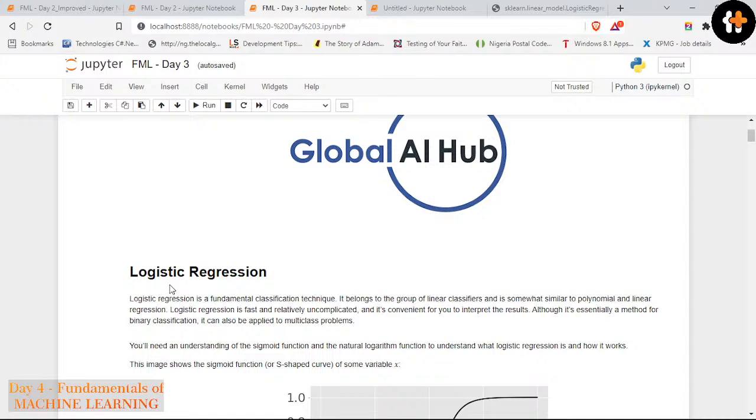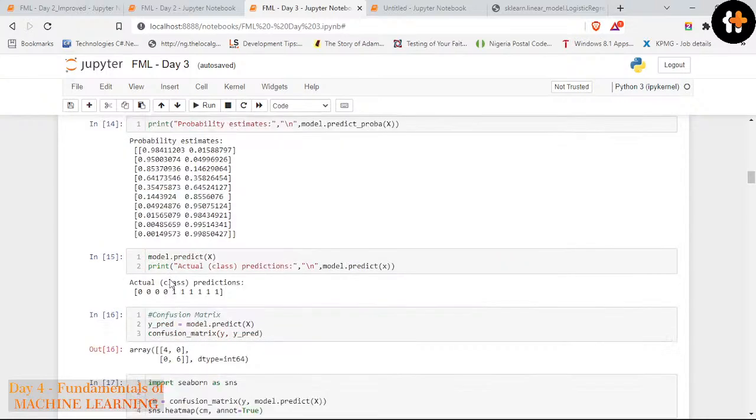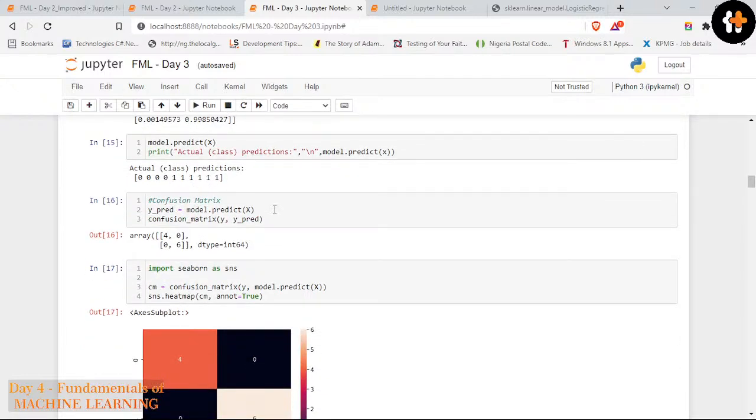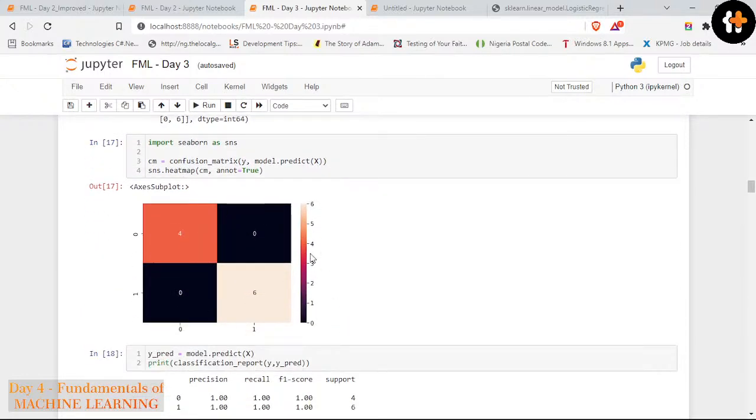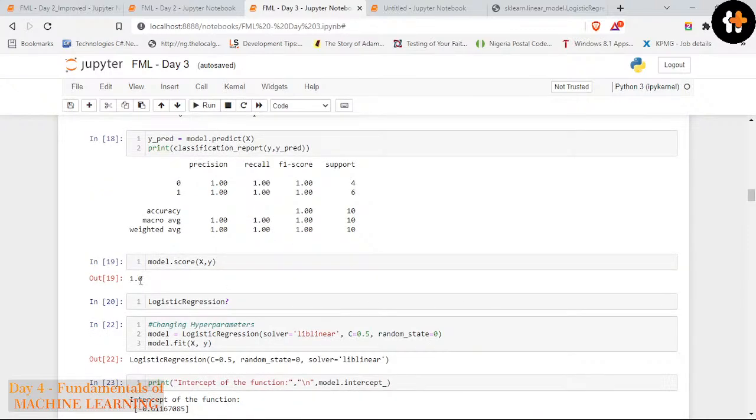We built two models yesterday using logistic regression. In the first model, the accuracy was 100%, as it predicted the classes well. This is the confusion matrix of the first model, with the score 1.0, which means it is 100%.